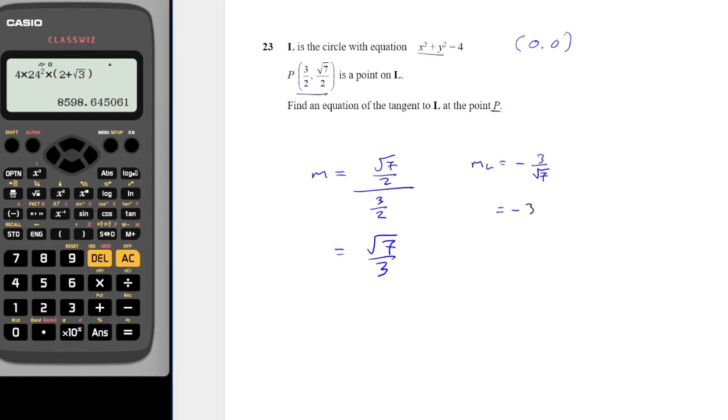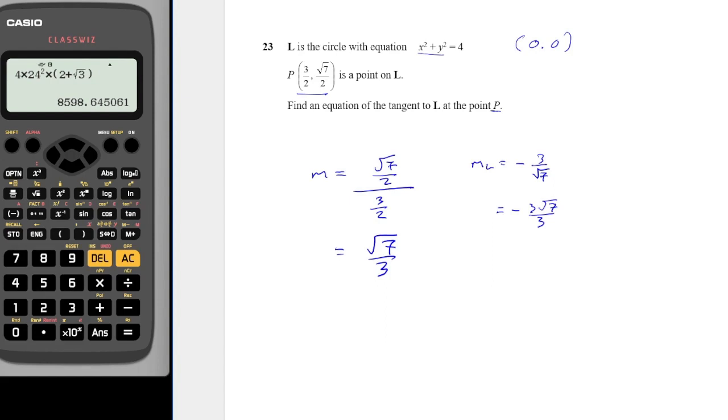So I'm going to say that's minus 3 root 7 over 3. If I'd got the root 7 in my x coordinate, I might not have rationalised it. Reason being, it would have simplified and cancelled out, but in this case it doesn't.